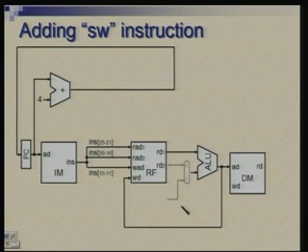So, we need to put a multiplexer here, okay, which will have this RD2 output for R class of instruction, but it will have something coming from this for performing address calculation. So, I have not connected it yet here, because those 16 bits which we get from instruction need to be sign extended before we can pass it on to ALU.